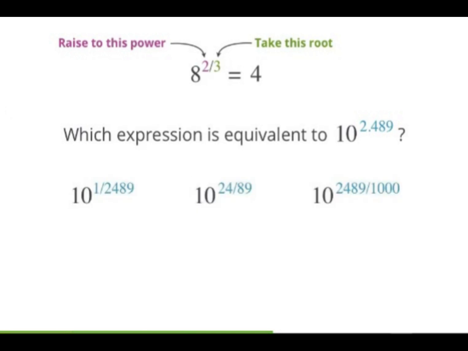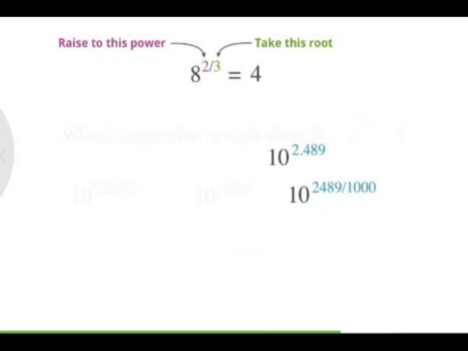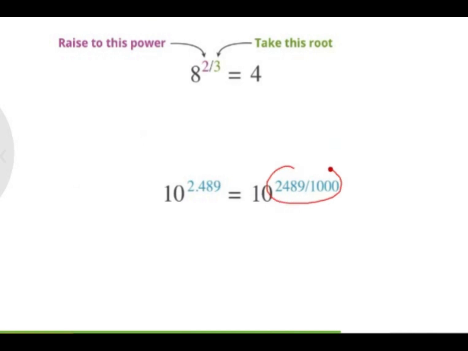If we rewrite 2.489 as a fraction, we'll get 2489 divided by 1,000. Precisely, 2.489 is the same thing as 2,489 divided by 1,000.